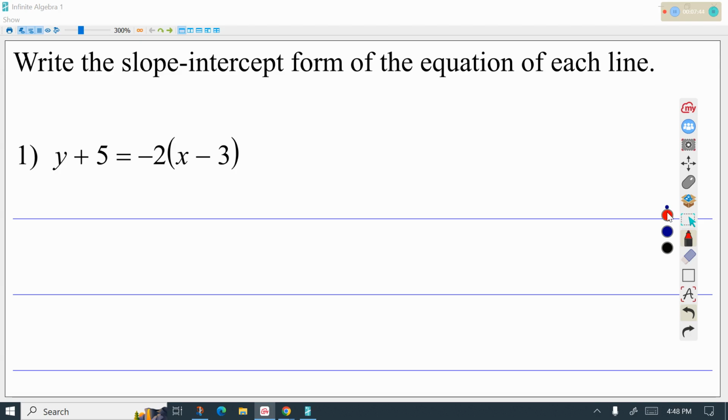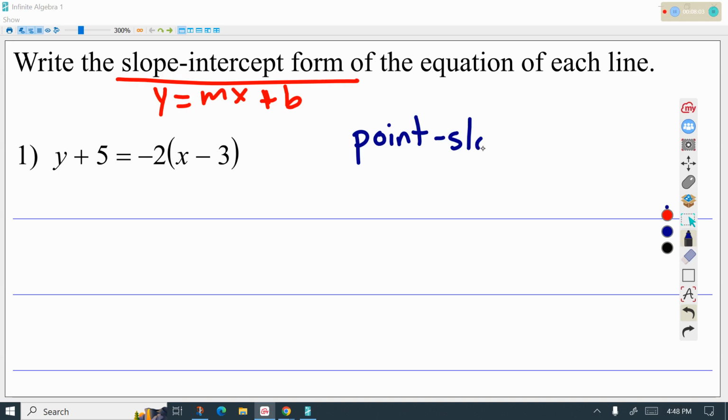So the first thing is write the slope-intercept form of the equation. And slope-intercept form, we know that means y equals mx plus b. One thing you've got to do when you walk in here is recognize that this is in point-slope form. If you don't recognize the forms by looking at them, that might be because you're too unfamiliar with them.